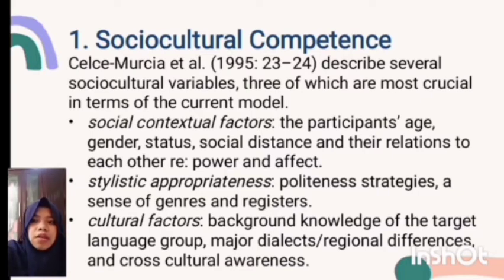That is social contextual factors: the participants' age, gender, status, social distance, and their relation to each other. And then also stylistic appropriateness: politeness strategies, a sense of genre and register. And last is cultural factors: the background knowledge of the target language group, major dialects, regional differences, and cross-cultural awareness.